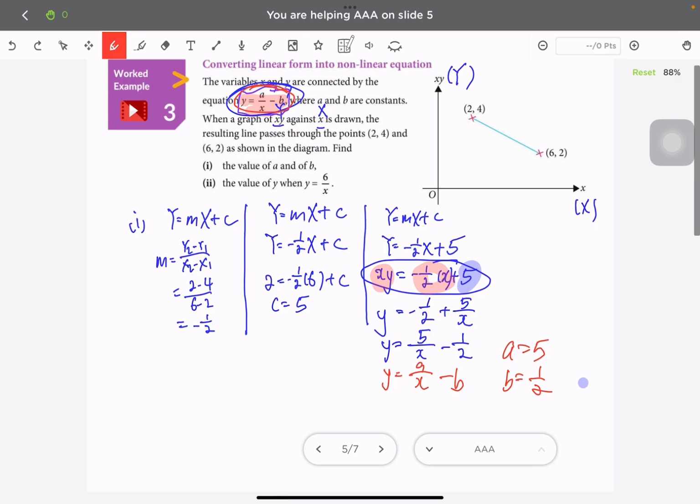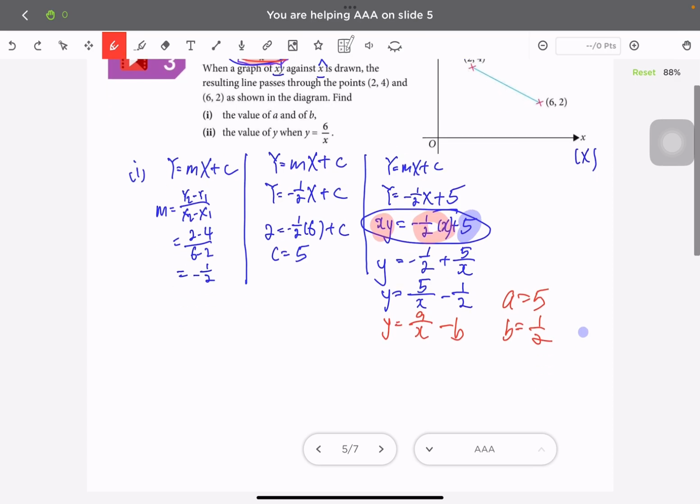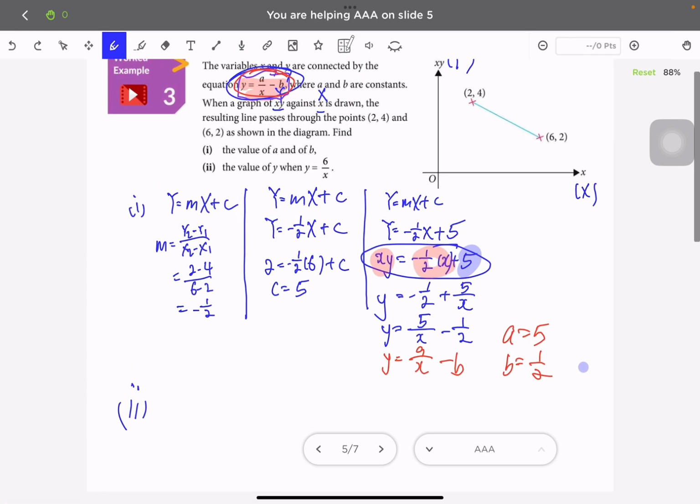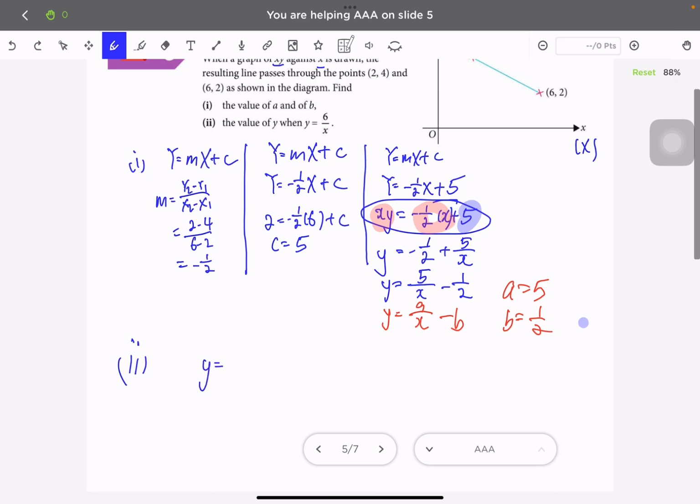For part 2, I want to find the value of x when y equals 6 over x. Using the graph, the graph already plotted xy against x, right? So now I am given y equals 6 over x.